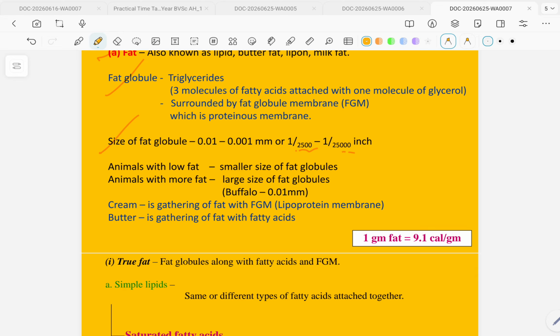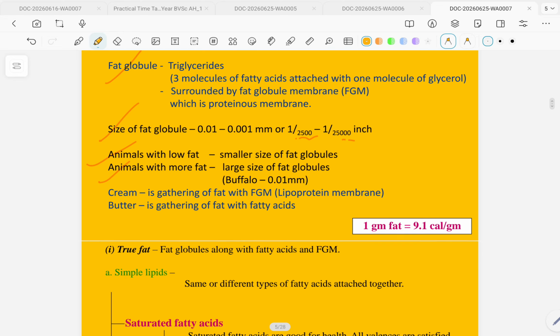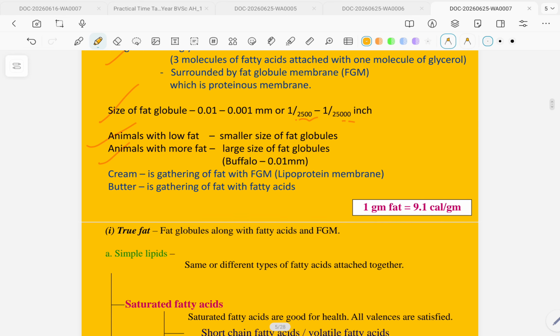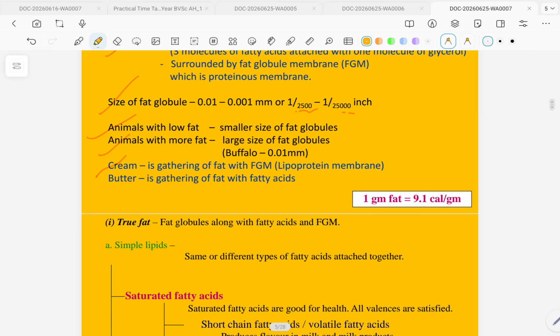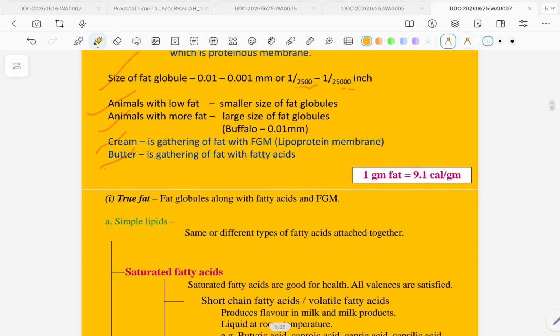Animals with low fat have smaller fat globules; animals with more fat, such as buffalo, have larger globules. Cream is a gathering of fat with FGM, a lipoprotein membrane. Butter is a gathering of fat with fatty acid.